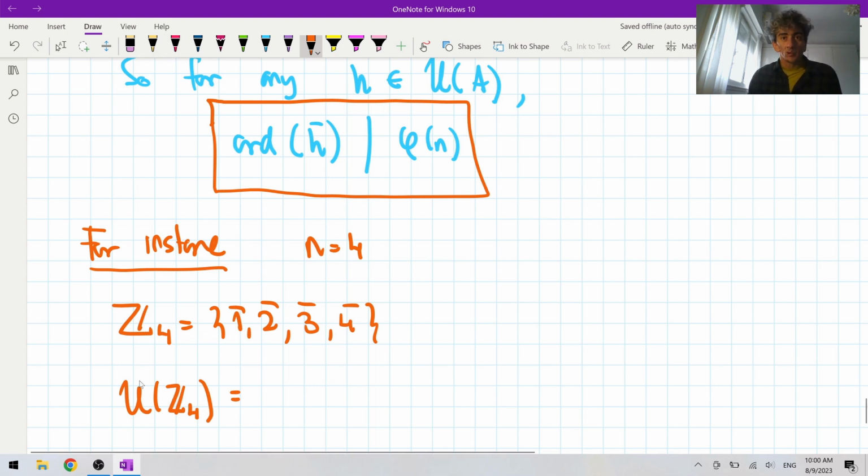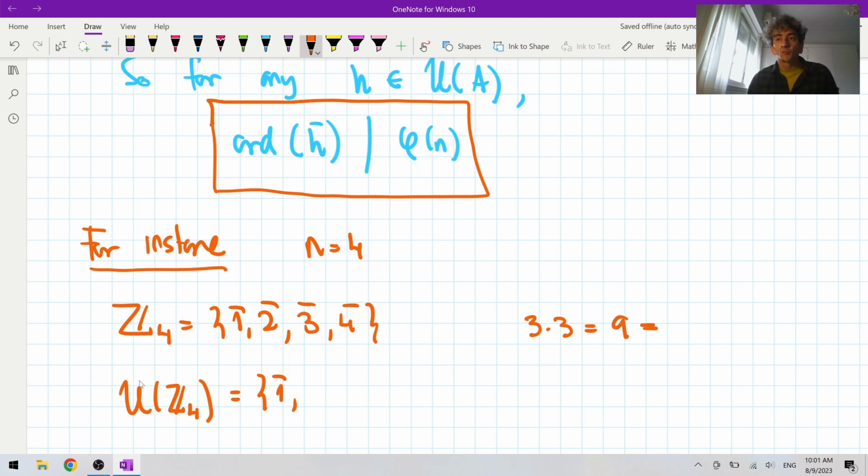So 1 is an invertible element, 2 is not an invertible element because 2 times 2 is 0, so that means that the class of 2 is a divisor of 0, so that cannot be an invertible element. Same with 3, because 3 times 3 is 9, and that's congruent to 1 modulo 4.